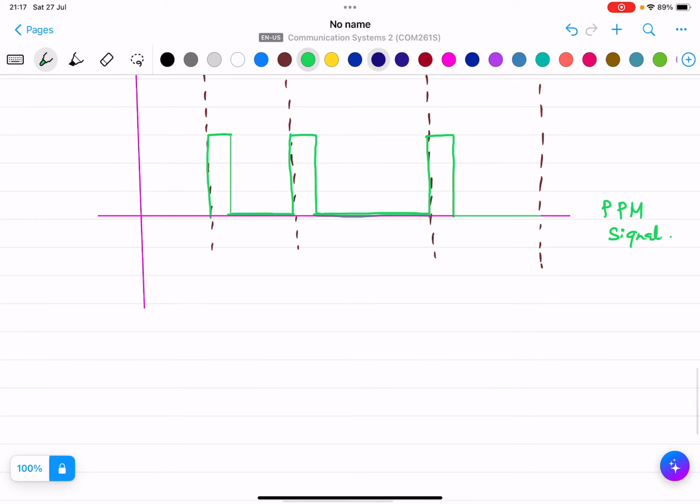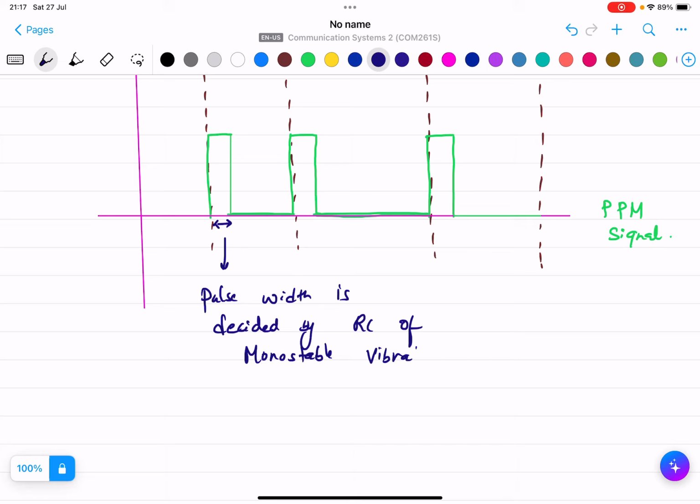And this pulse width is decided by the RC of the monostable multivibrator. That means the monostable multivibrator has the RC components and the width is decided by this.